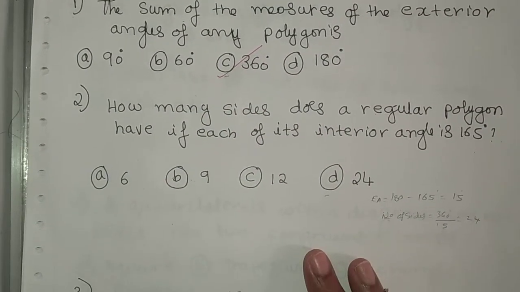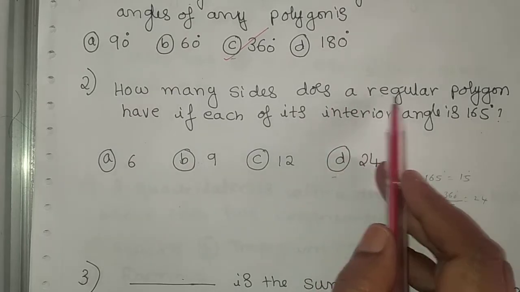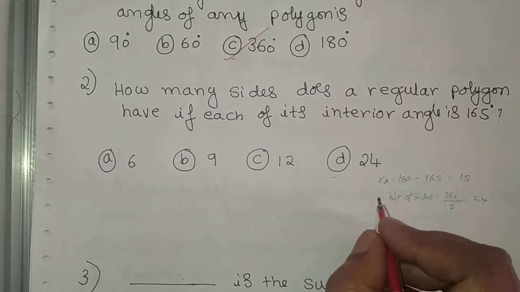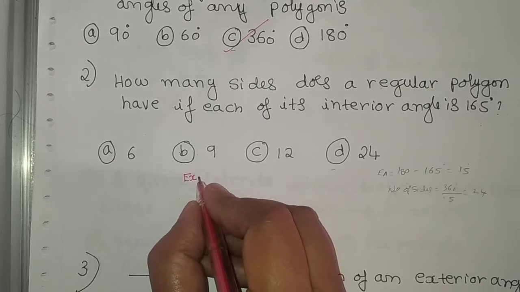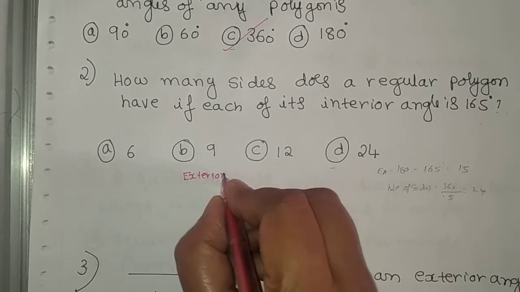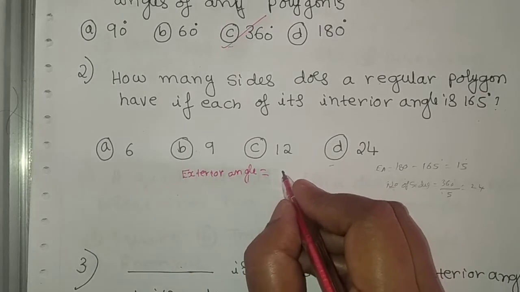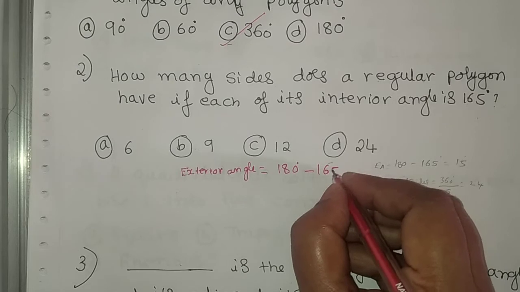So next question is, how many sides does a regular polygon have if each of its interior angle is 165 degrees? So for this we have to solve the problem. Therefore, first we have to calculate the exterior angle, which is equal to 180 degrees minus this 165 degrees.